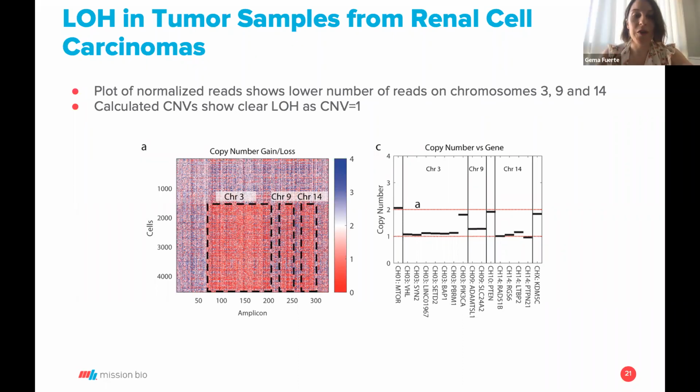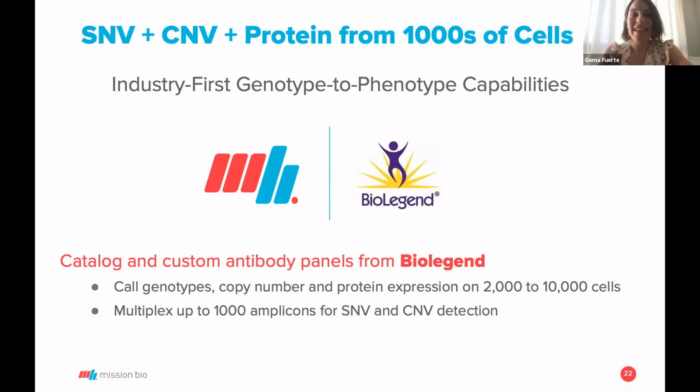So if there are no more questions about the CNV only, let's move on to CNV, SNV, and protein. Very excited to talk about this. We are the first company providing genotype to phenotype capabilities, and we have a partnership with BioLegend for our customers to purchase the antibodies for the multi-omics assay.